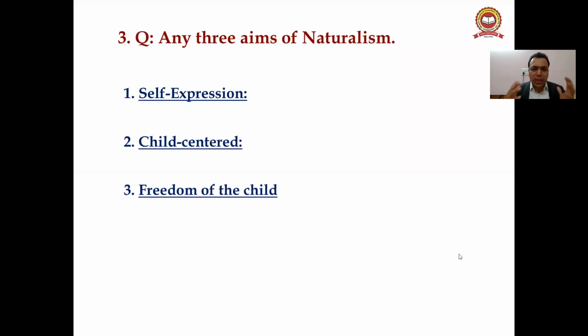We have to teach the student according to their level, according to their interest. So education should be child-centered. Naturalism philosophy says that everything, ये जो buildings हैं, schools हैं, colleges हैं, each and everything, is made for the student. The student is not made for them, they are made for the child.